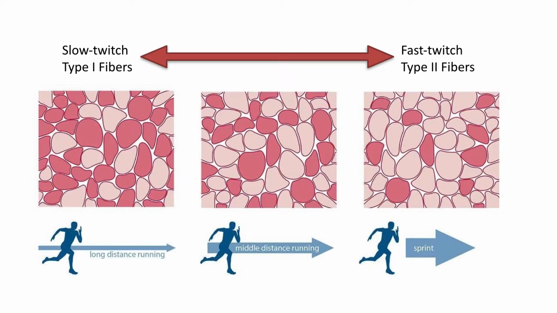They're also considered highly resistant to fatigue because they have a high mitochondrial and capillary density and a high myoglobin content. This high myoglobin content, along with an extensive blood supply, gives the muscle fiber a red color.